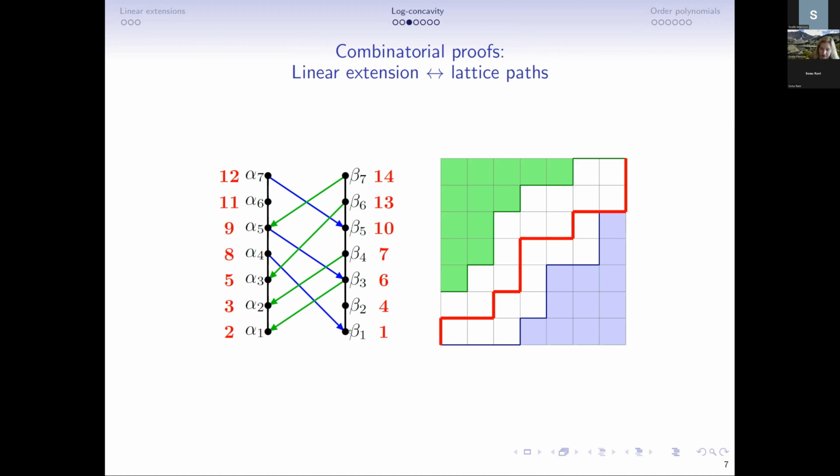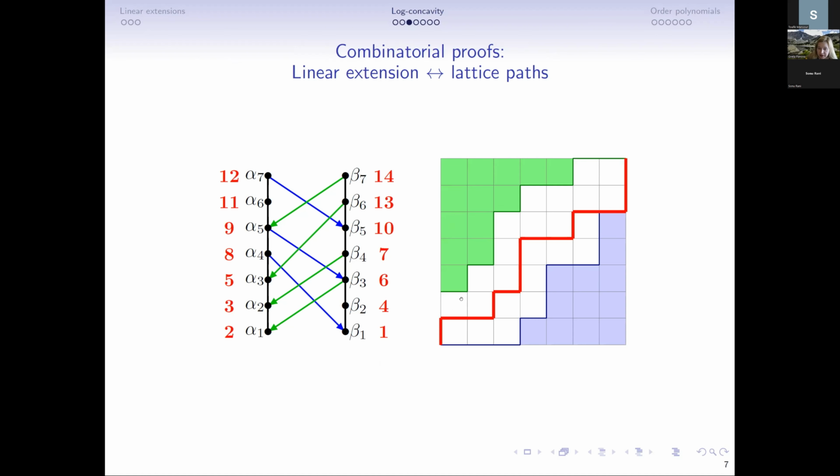Alpha and beta are our elements. These are the values that we are assigning to our elements. So beta 1 has the value 1, alpha 1 has the value 2, and so on. The black line means that all the arrows go down. Also here, all the arrows go down. These are extra relations in our poset, the blue and the green arrows.